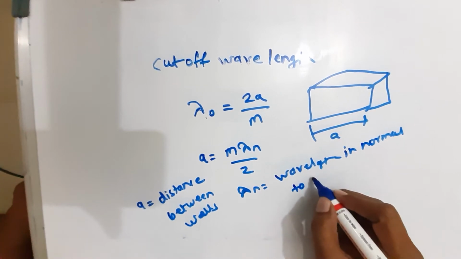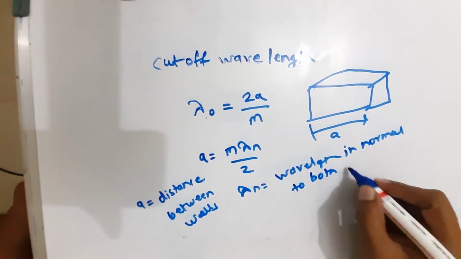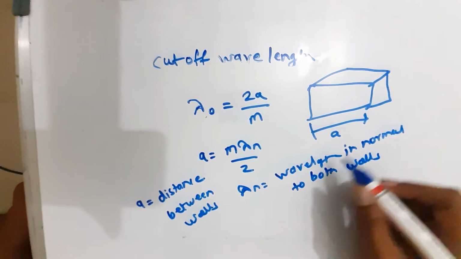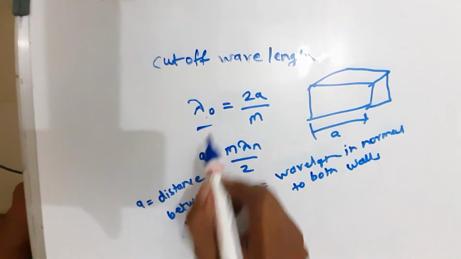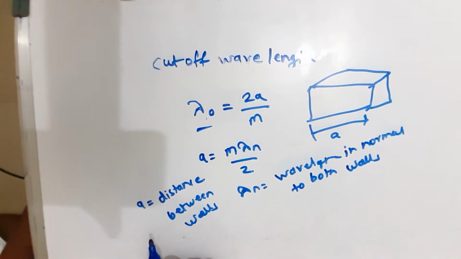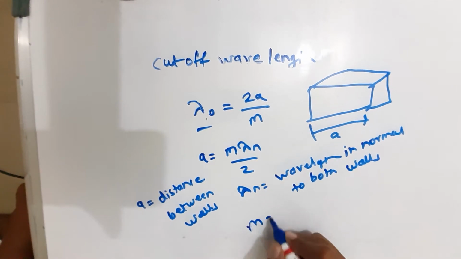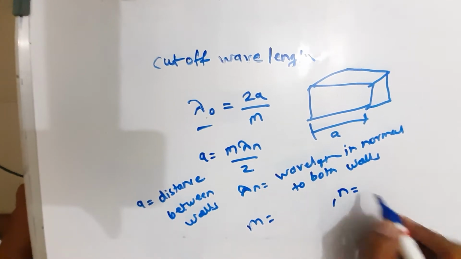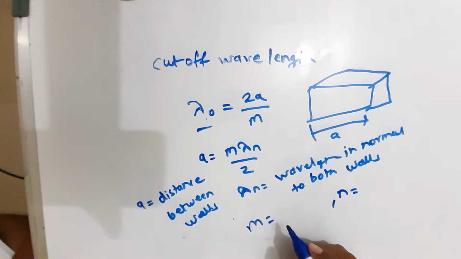Lambda 0 is the cutoff wavelength. Similarly, m and n are the number of half wavelengths of electric intensity to be established between the walls.